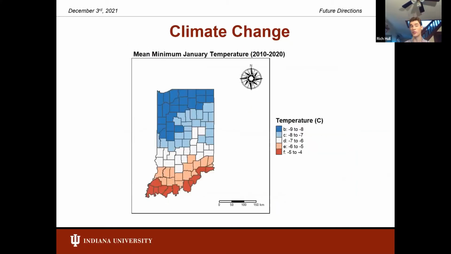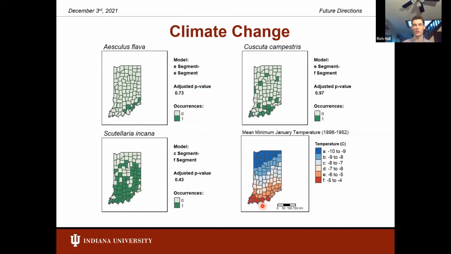And it's important that we also have variation in minimum temperature over time in order to say, okay, well, maybe it's correlated with temperature. And here is the mean minimum January temperature for a more recent time period, 2010 through 2020. So here we have only 5 1°C intervals in comparison to the previous 6, and we lose this -10 to -9°C interval.